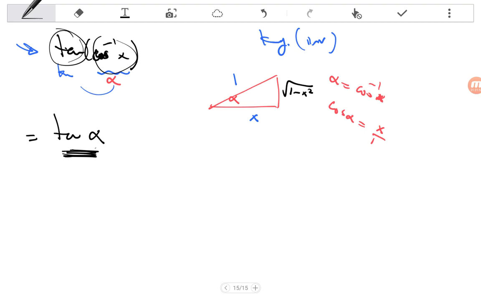So I need now to calculate tan alpha, which will just be equal to the ratio between the opposite, which is root 1 minus x squared, over x. So that is tan alpha.